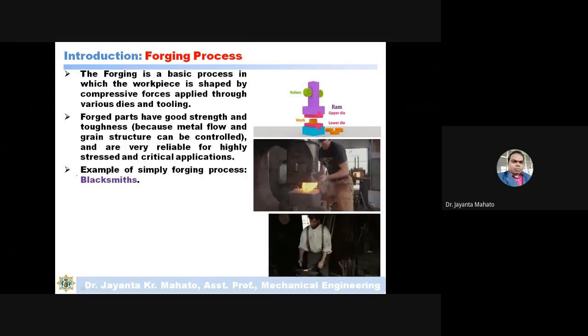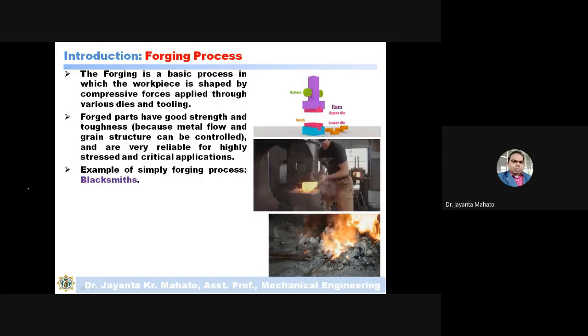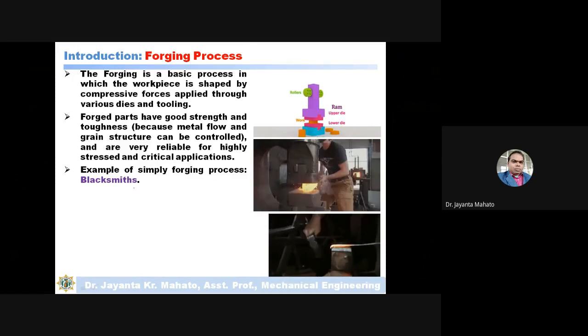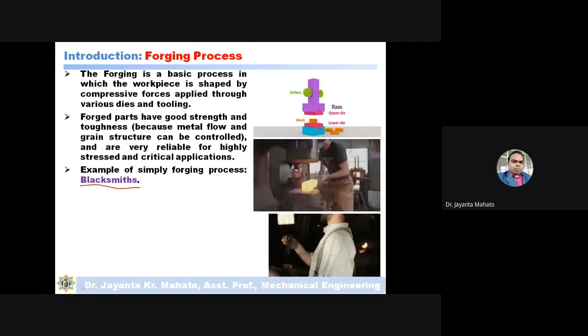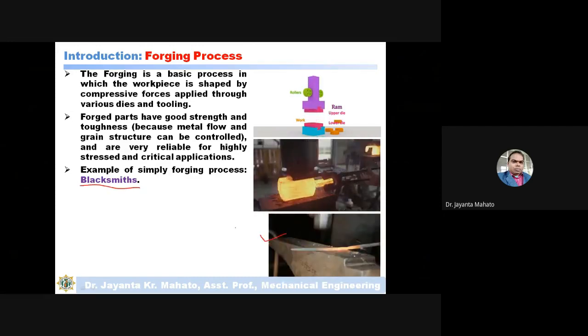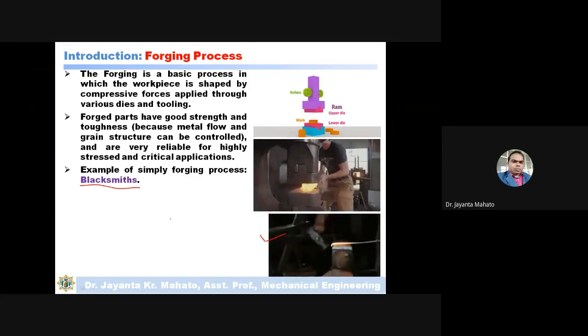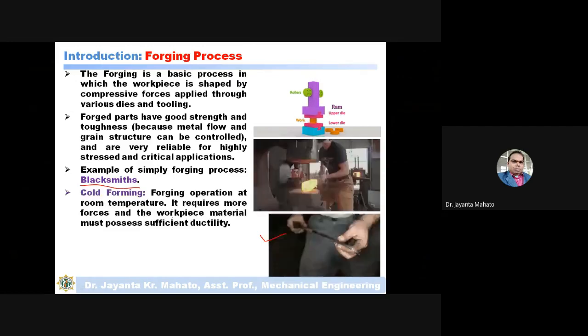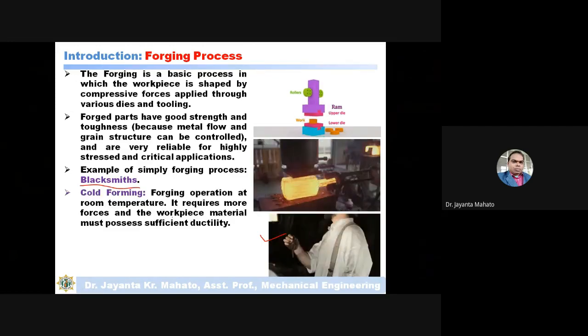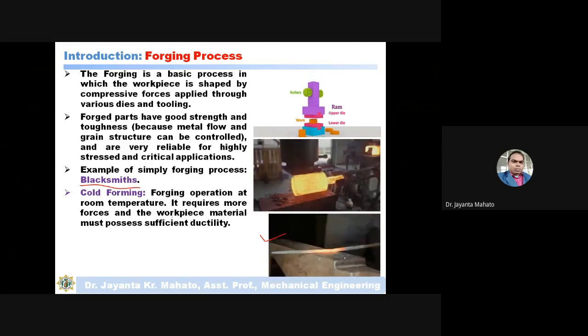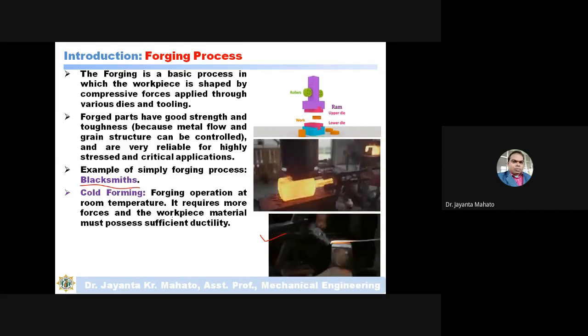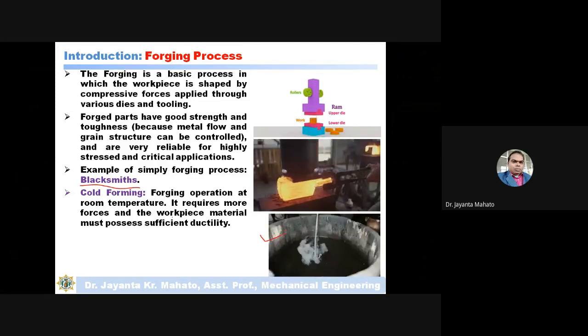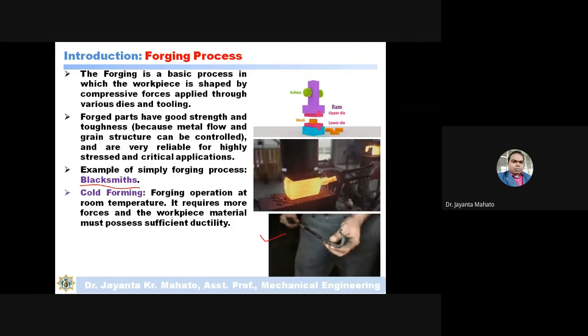The basic example of the forging process is the blacksmith process. I think all of you know about the blacksmith process. Now, this forging process can be performed either at cold, meaning room temperature, or at a high temperature.